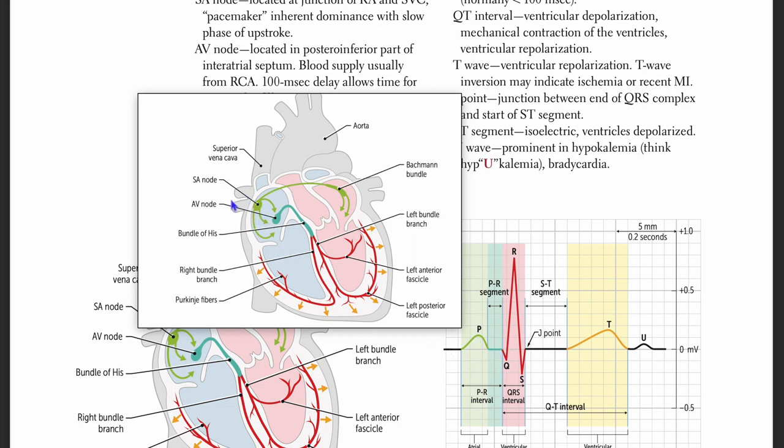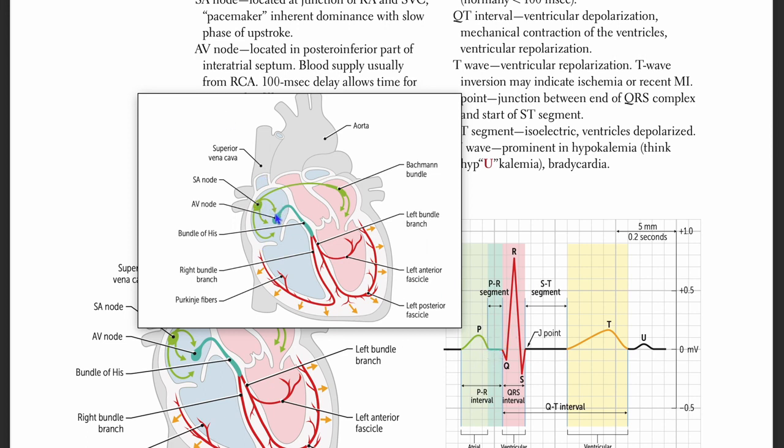What this graph shows is the current going away from or toward the nodes. When it goes from this node to this node, you get a rise, a positive line. When it goes from the SA node to the AV node, since it's in the same place, you don't get a rise or a decrease in the markings, so it's a flat line.